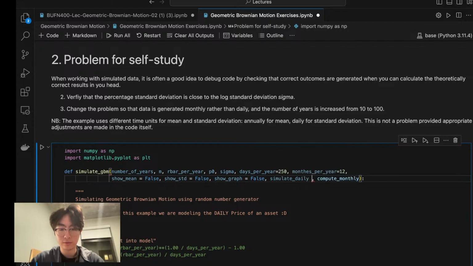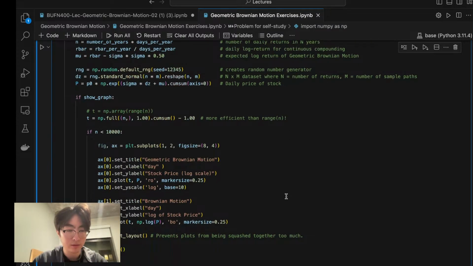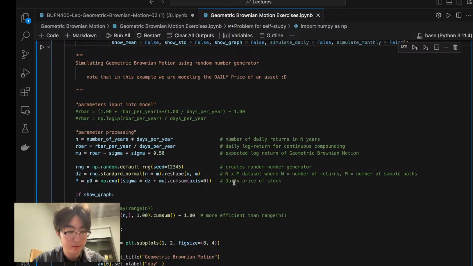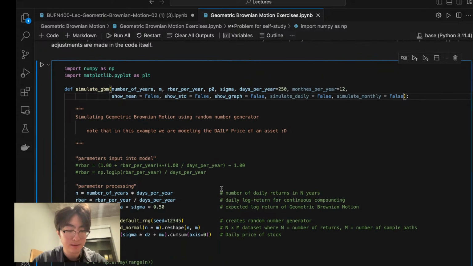Is equal to false. And then simulate monthly is equal to false. Okay. So default, we're not really doing anything. Okay. Parameter processing.